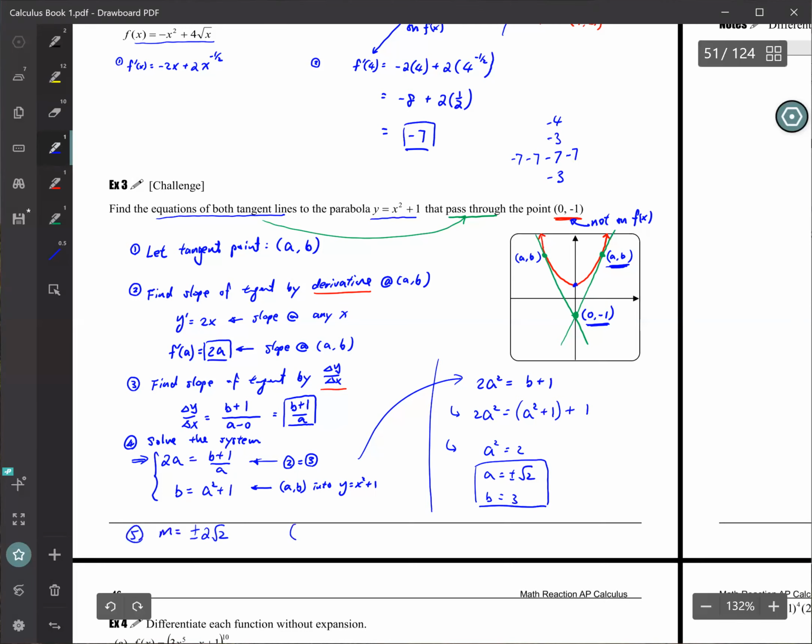Let's leave it in point slope form. Okay. So write out your equation, and then you can raise your hand. Just point slope form.